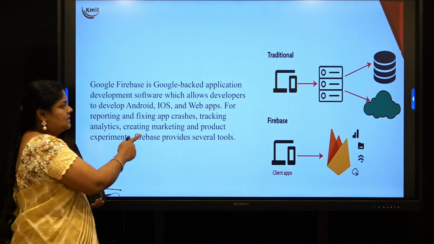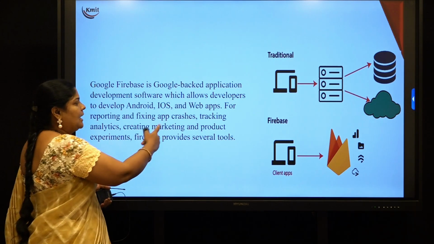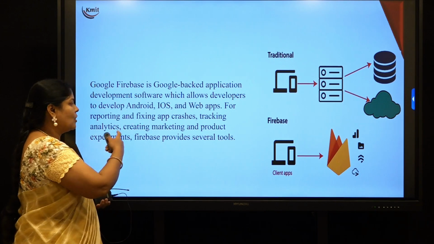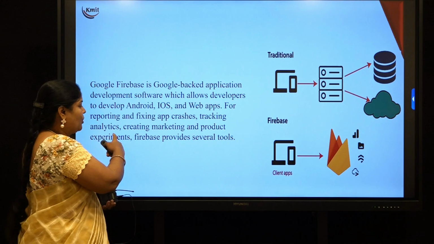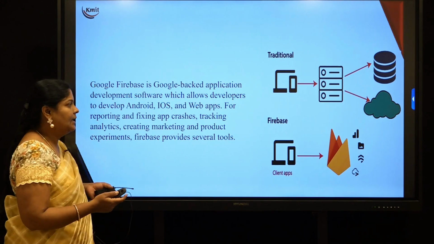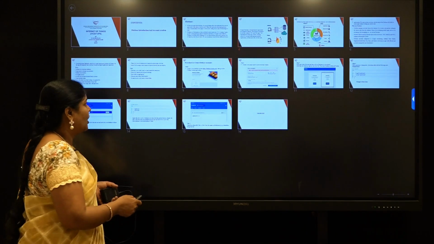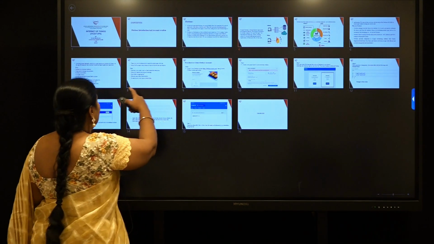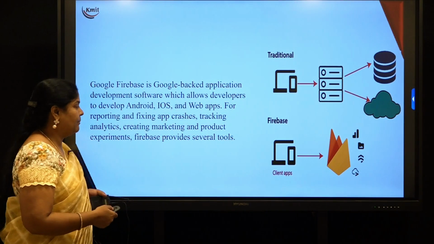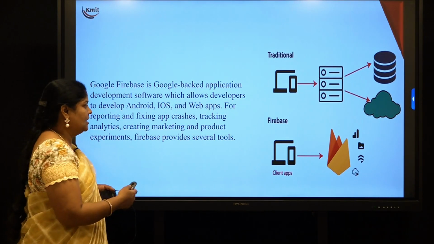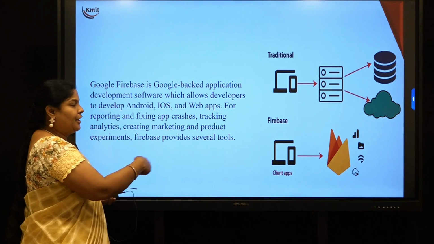Firebase can also be used for fixing the bugs in app crashing, or you can also report those bugs. If you want to track or do analytics on some data, say you have some large data like COVID patient data, or applications like population tracking, you have a large amount of data that you want to track and do analytics on.